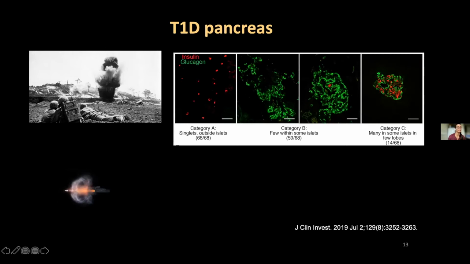There are some beta cells that can be found outside the islets. There are some pancreatic islets with few beta cells. And there are some islets that have many beta cells. So my question is, what makes the beta cells here in category C stay alive compared to these other ones that are not here anymore?